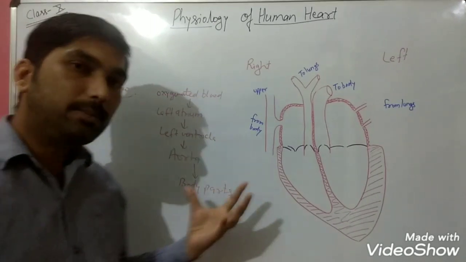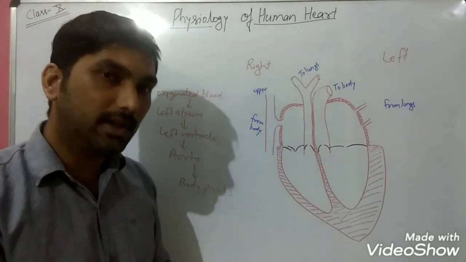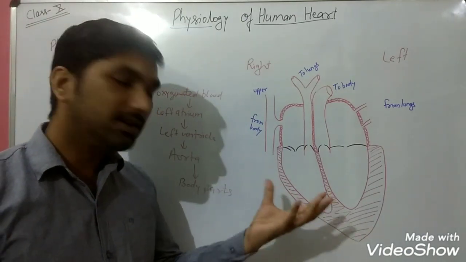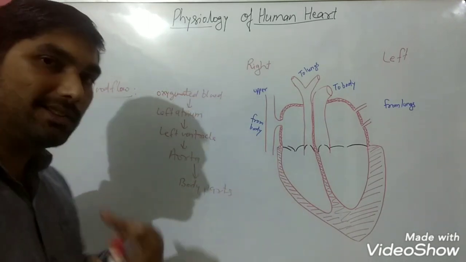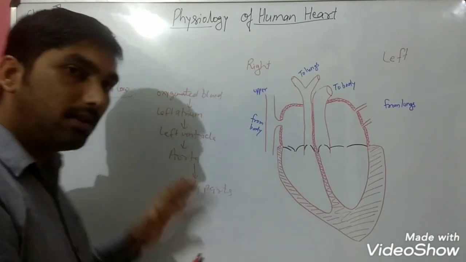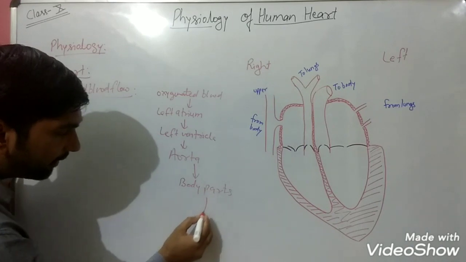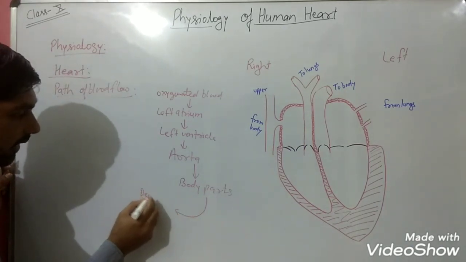In the tissues, when the blood flows in the capillaries, oxygen is absorbed by the cells that need it, and simultaneously carbon dioxide gas is released into the blood. So when the blood comes back from the body parts, it is deoxygenated.